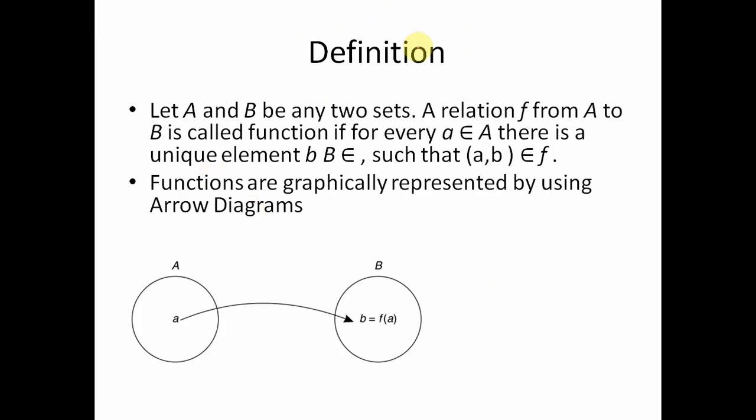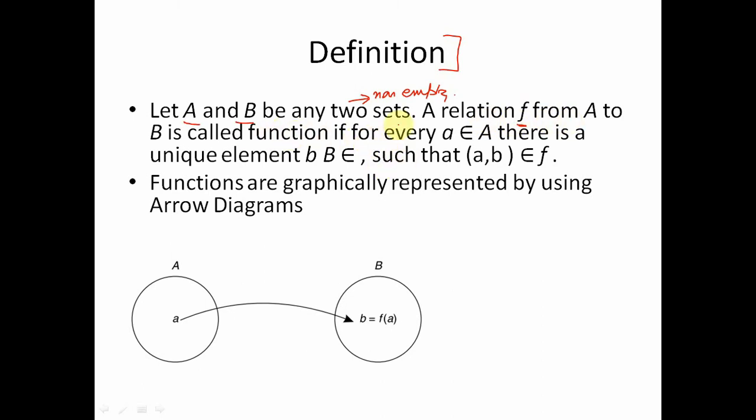Now let's define the function. Let A and B be any two given sets, preferably non-empty sets. A function is a special case of a relation only. So we first start with a relation f from A to B, which is called a function.